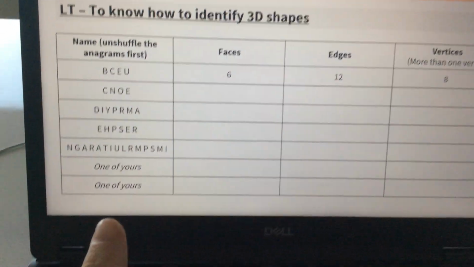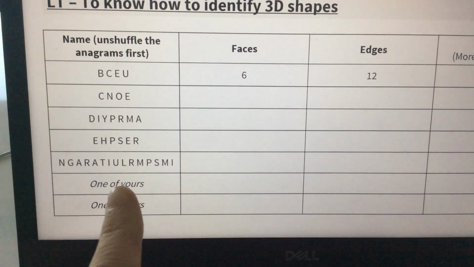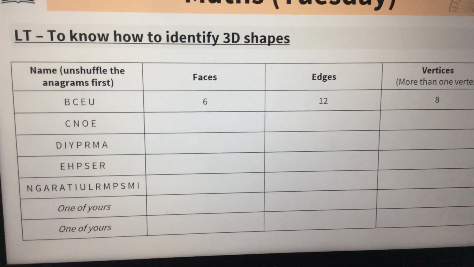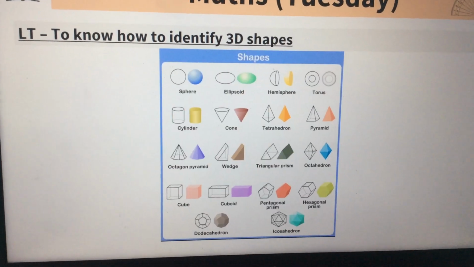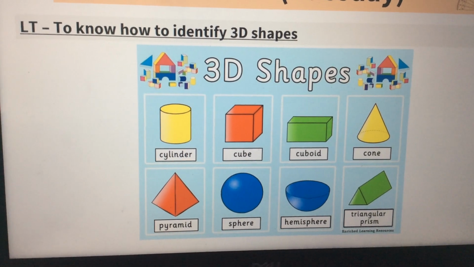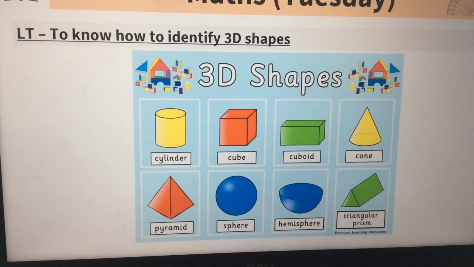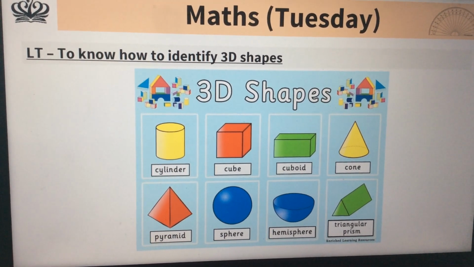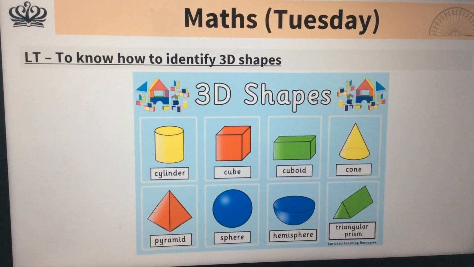At the bottom, you need to do 2 of your own. You can choose any 2 3D shapes from here or from here to finish filling in that table. Have a go with that. We can talk lots about that during Zoom this afternoon.